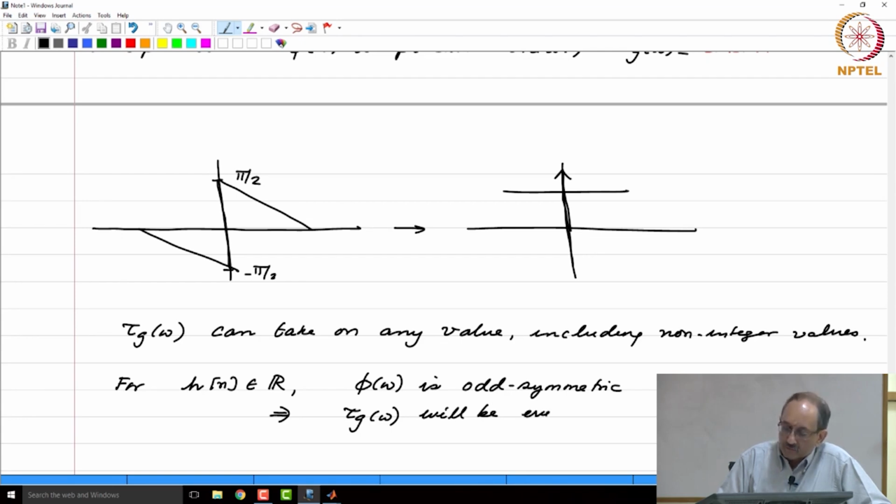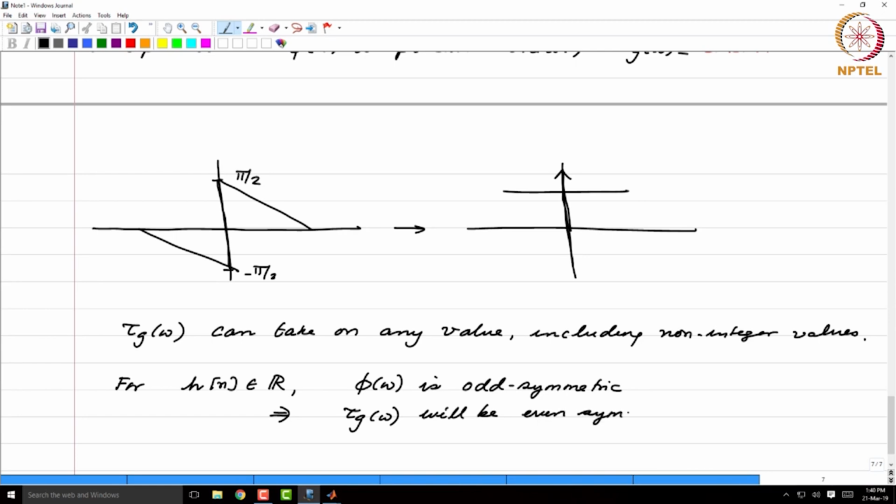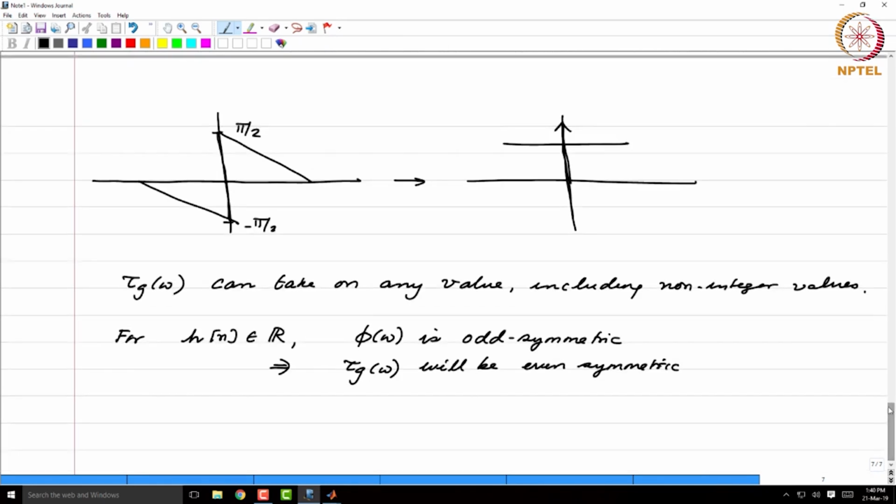Will be even symmetric. Again, this is satisfying because you expect the delay to be the same for plus omega naught and minus omega naught, which corresponds to a component at omega naught. You want the delay to be the same for a real valued signal. So, everything is falling in place.